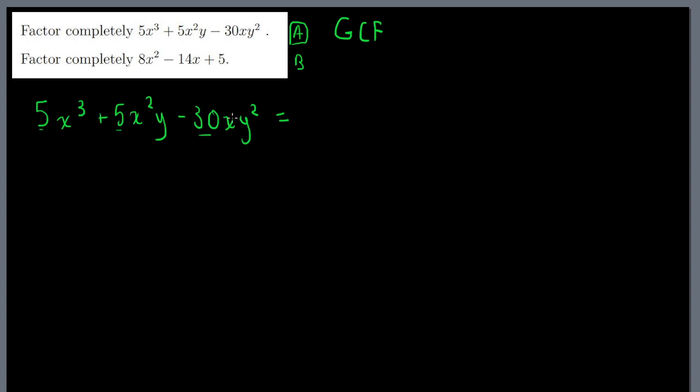So the common factor here is 5x. So let's pull out that 5x. We're going to be left here with x squared plus, divide this by 5, xy minus, well, if I divide by 5, it becomes 6y squared.